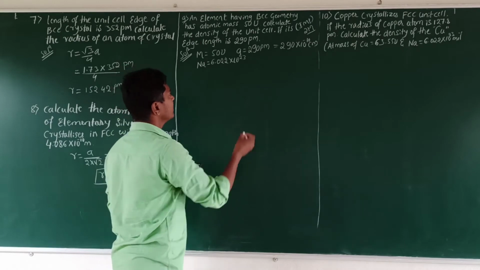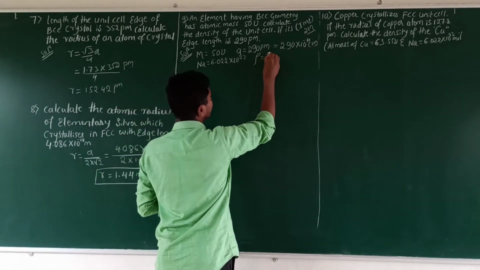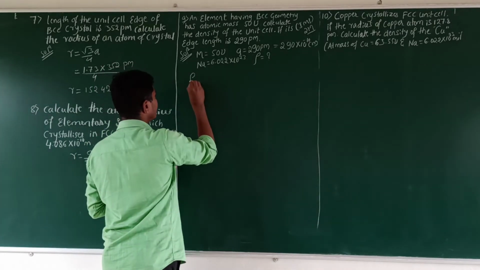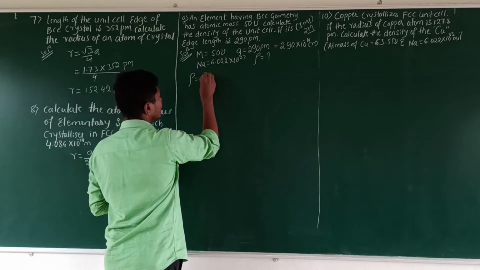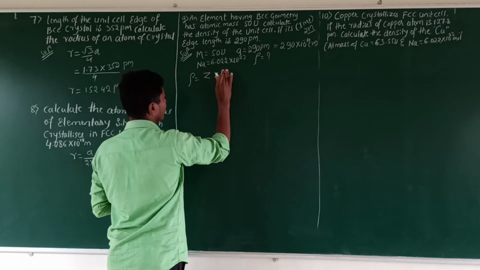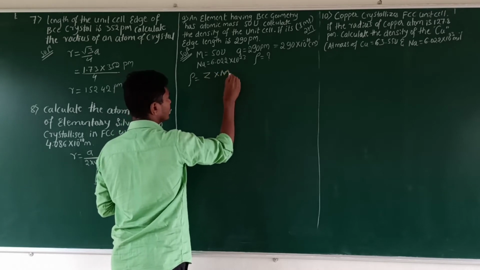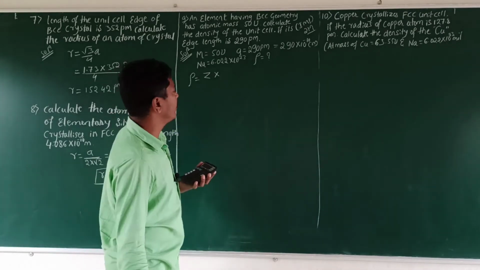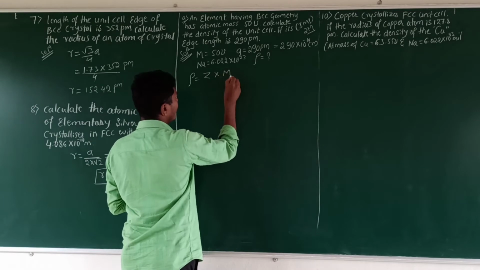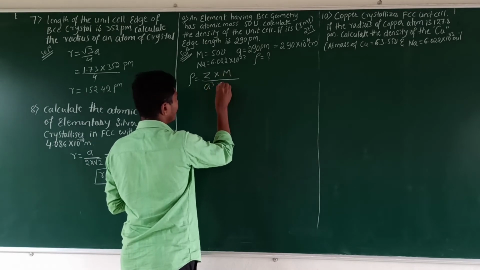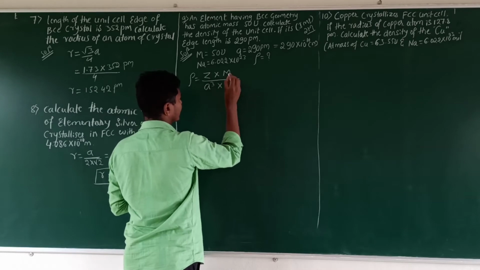What they asked? They asked density, isn't it? What is the formula of density? Density is equal to Z into M divided by Na into A cube, or A cube into Na, isn't it?